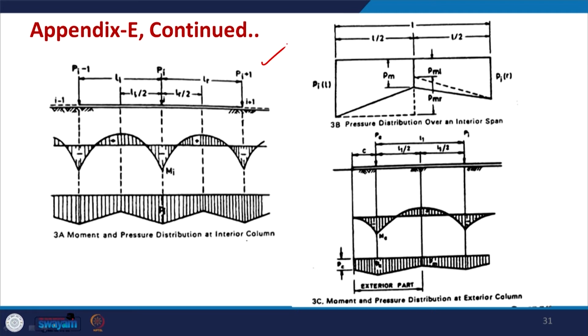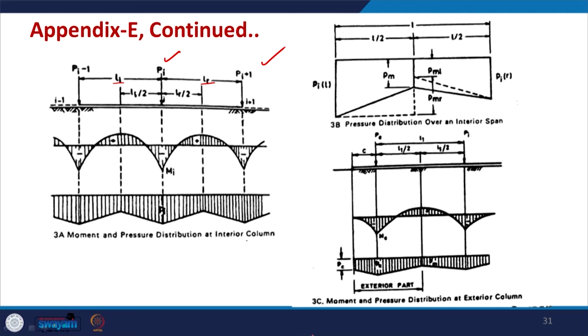So, you have three columns: this interior column, P I, and these two exterior columns, P I minus 1 and P I plus 1. The distance between this interior column and the previous column is L subscript L, that means subscript L stands for left side, while this is L R, R for right side. So, the distance to the left side is L L, while the distance towards the right-hand side is L R.